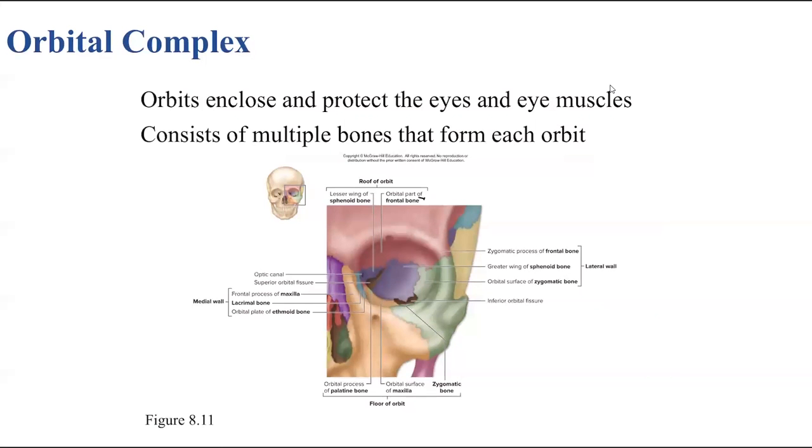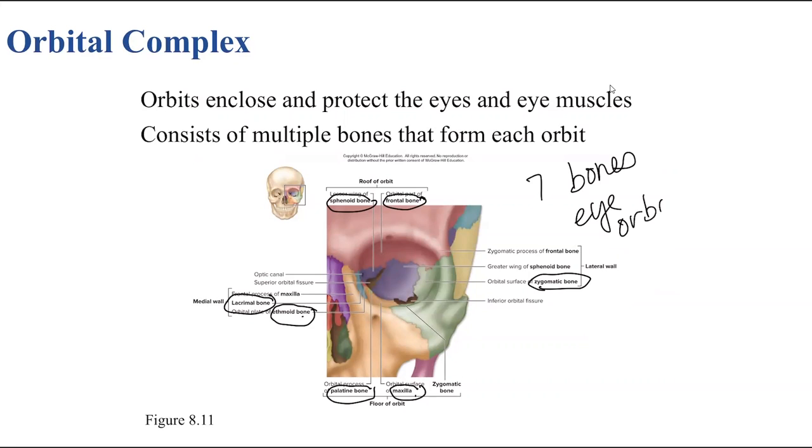You have the frontal, the sphenoid, the zygomatic, the maxilla, the palatine, the ethmoid, and the lacrimal. Is that right? 1, 2, 3, 4, 5, 6, 7. Yep. So there are 7 bones that make up the eye orbit, and that's a good test question. What are the 7 bones that make up the eye orbit?